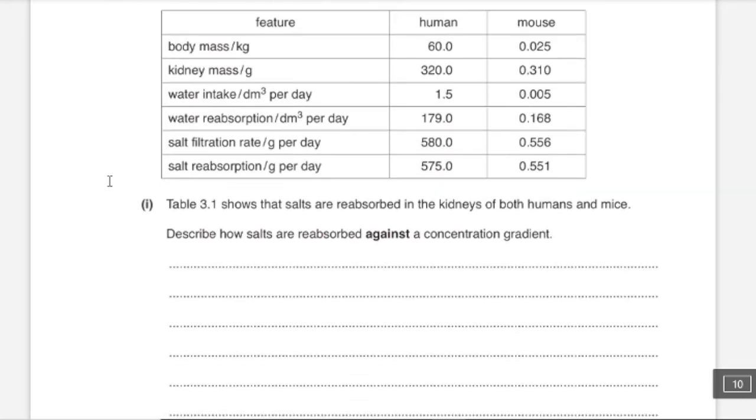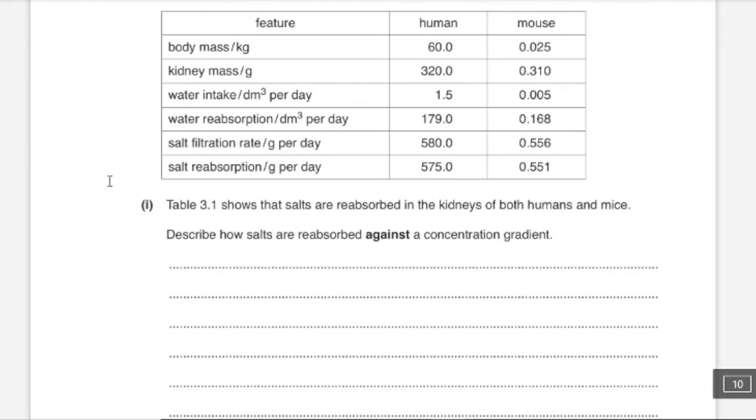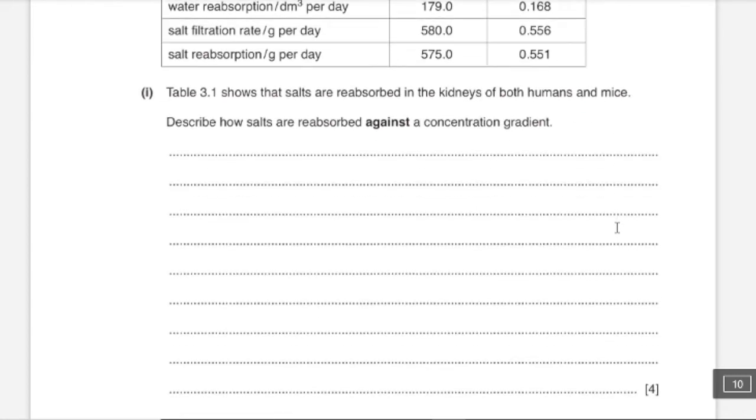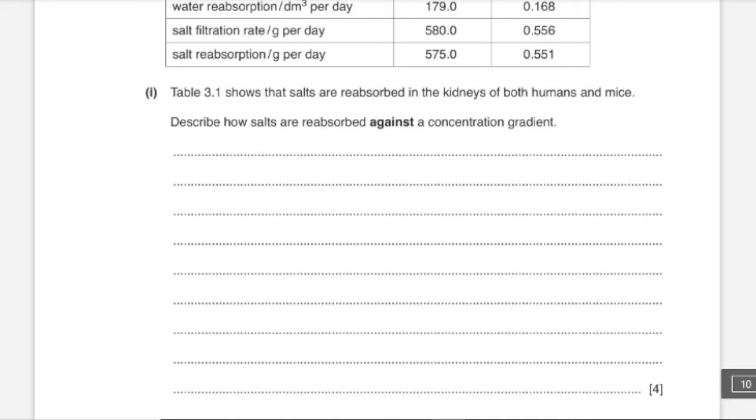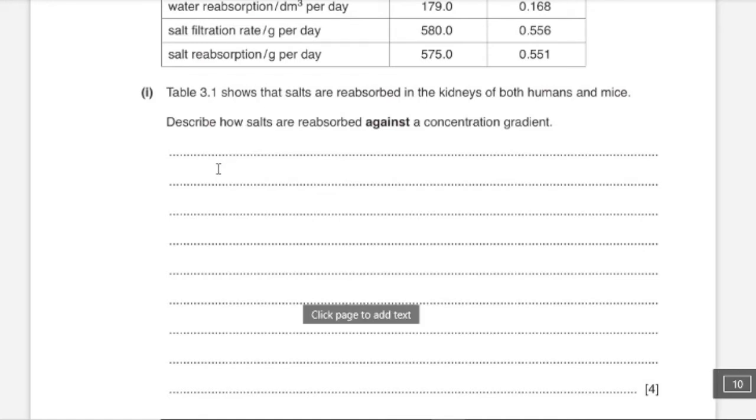1. Table 3.1 shows the salts are reabsorbed in kidneys of both humans and mice. Describe how salts are reabsorbed against a concentration gradient. So the only process which can absorb ions or particles against a concentration gradient is active transport, and since we are supposed to be only describing that process, we're going to have to write the whole definition of active transport.